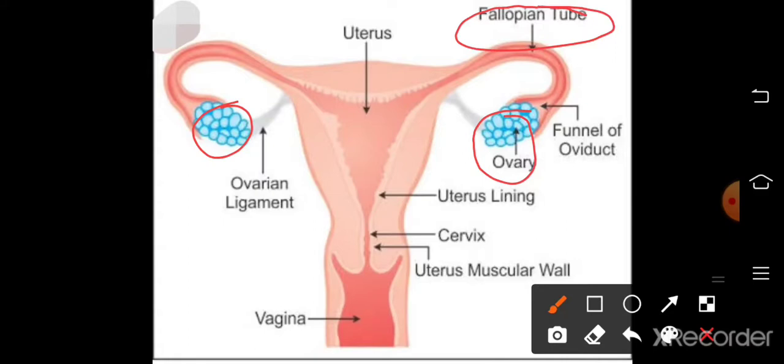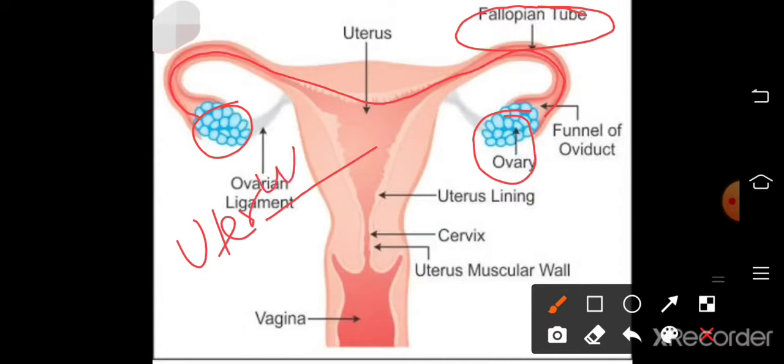The fallopian tube is also called the oviduct, and this is the funnel-shaped fallopian tube connected with the ovaries. This is the uterus portion, and it consists of a thick uterine lining.